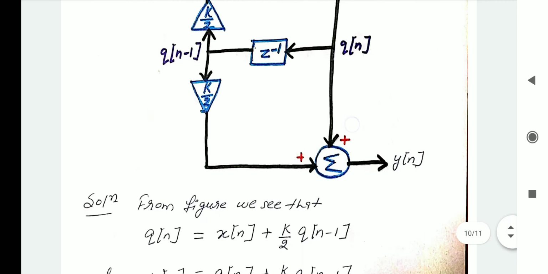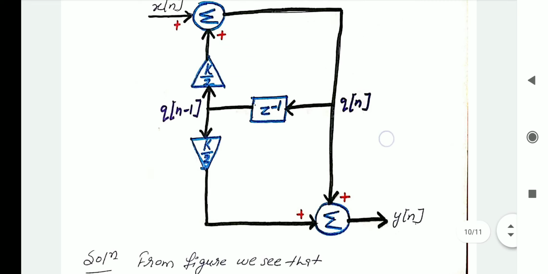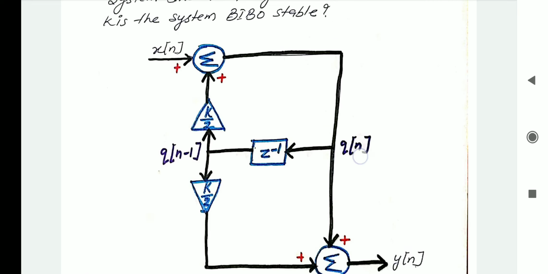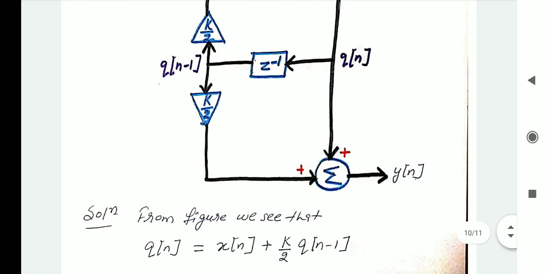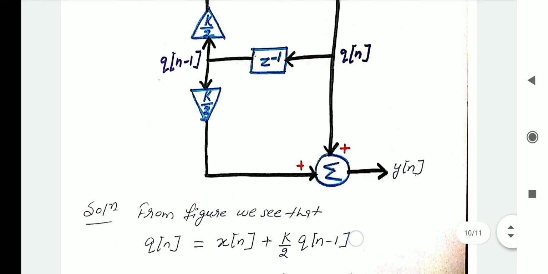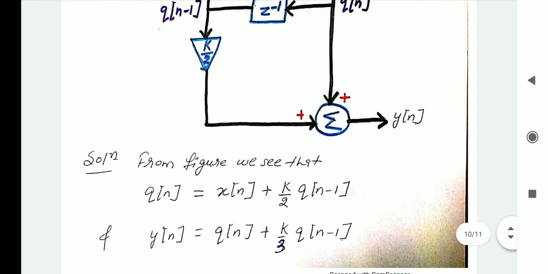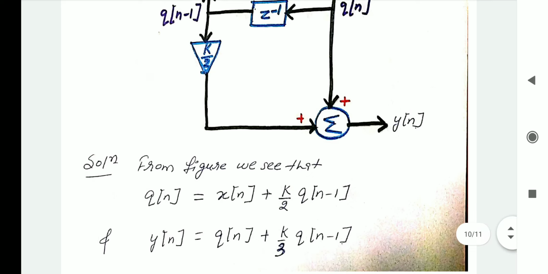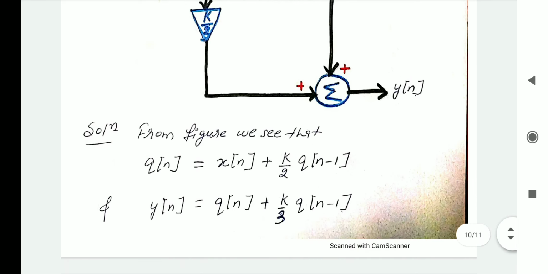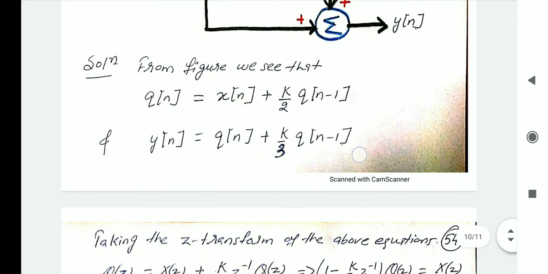So that is what we have written here. q(n) is equal to the summation of x(n) plus k/2 q(n-1). Similarly, we can write y(n). y(n) is q(n) coming from here and k/3 q(n-1) coming from here. So these are the two equations that we can write from the figure given to us.